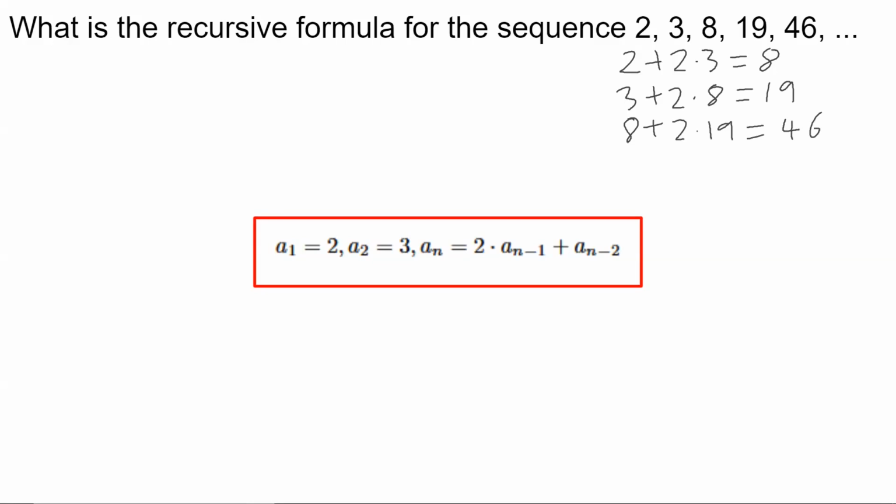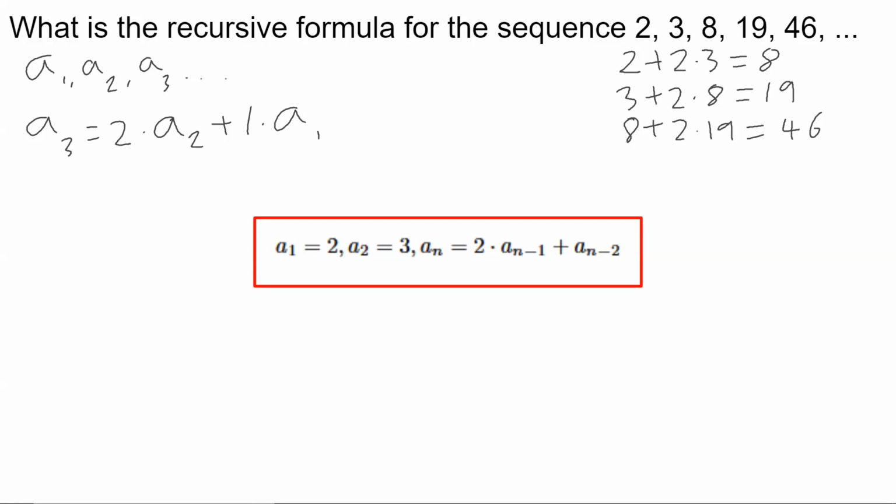So then our pattern would be, if we had the sequence A1, A2, A3, and so on, we see that A3 is always going to be 2 times the term right below it, which is A2, plus 1 times the term right below that, which is A1.